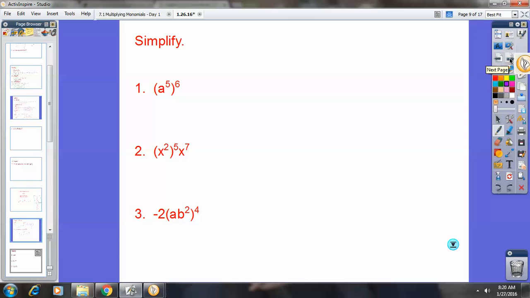Example 1. We have a to the 5th raised to the 6th power. We call that a power to a power, or a power of a power. What is a to the 5th raised to the 6th power? A to the 30th. We could take 5 times 6, and 5 times 6 is 30. A to the 30th power.